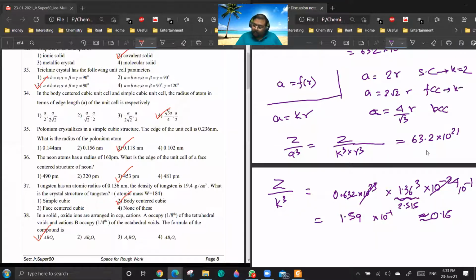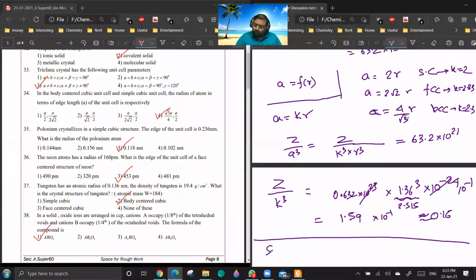For FCC it is 2.83, and for BCC K is equal to how much? 4 divided by 1.732, that is 2.3. So we have to find the Z by K cube for each of them. There is no other way out. Are you getting a point?